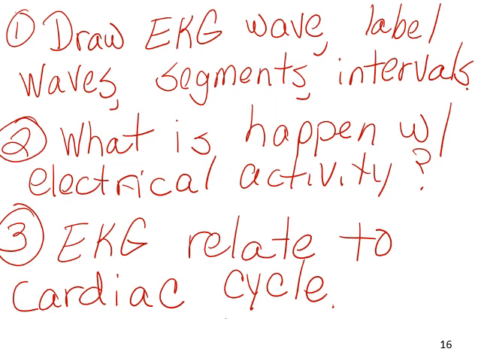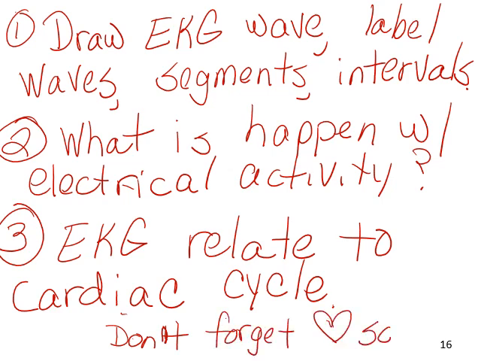Then you think about, when the atria are contracting, what's happening in the rest of the heart? And you can walk through that. And don't forget that the cardiac cycle includes those heart sounds. So where on that EKG, if you were listening to this person's heart and giving them an EKG at the same time, would you expect to hear the heart sounds?